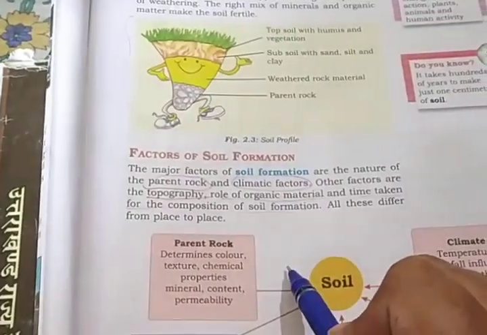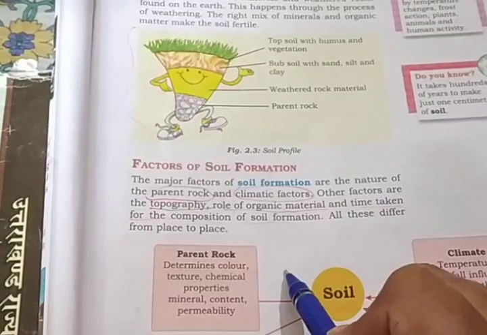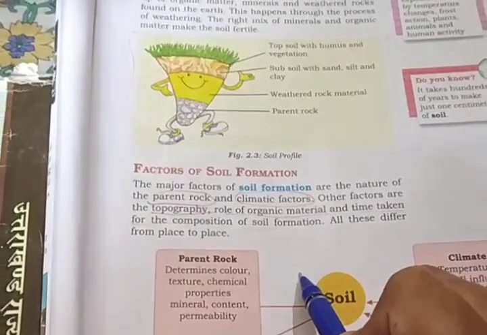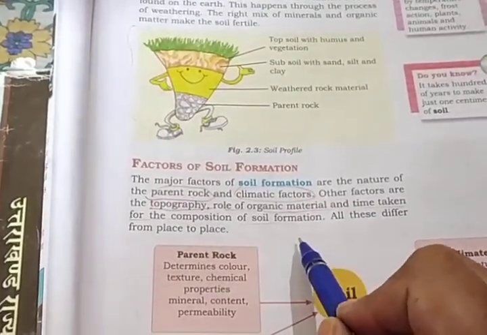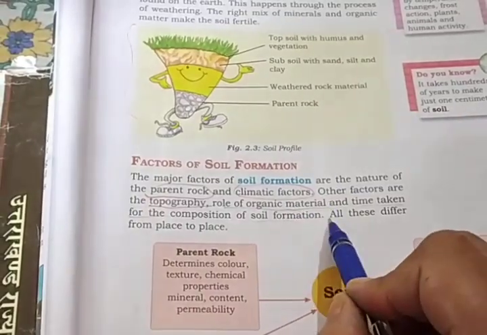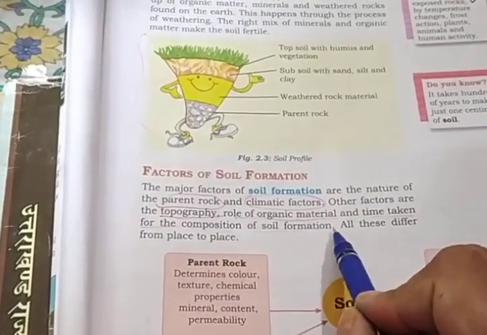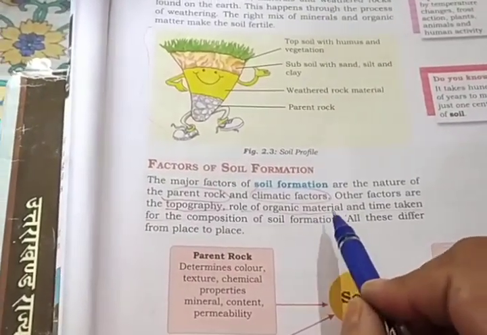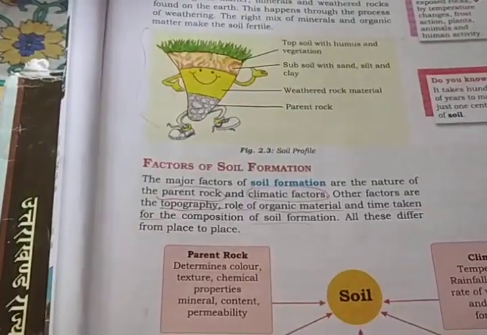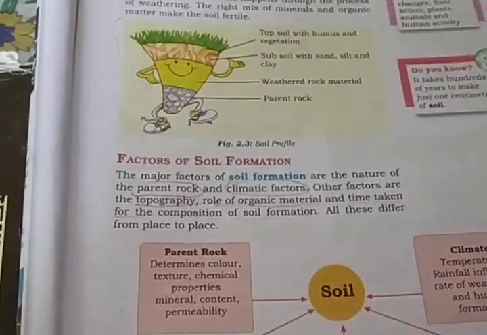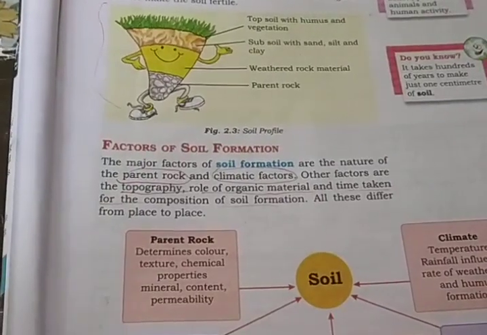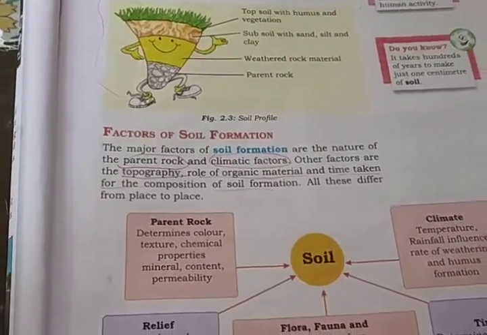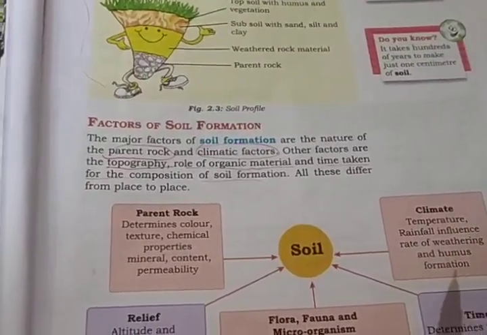Why do we have different types of soil in different regions of the country? Because soil formation depends on different climatic factors and some other factors, which include topography and organic material, etc. So accordingly, because of the different factors, soil is also different from one place to another.